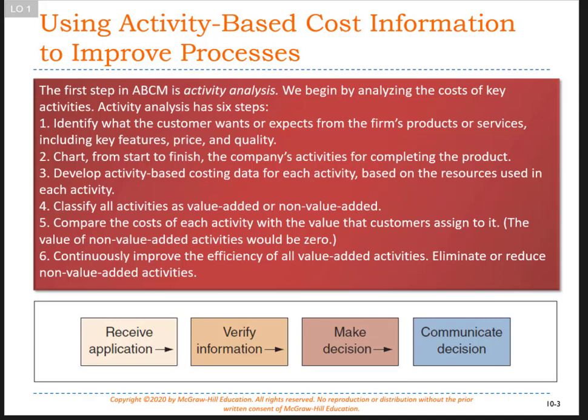And maybe even eliminate non-value added activities while adding efficiency to the value added activities by reducing costs, perhaps looking at alternative ways to provide that value in a more efficient way.